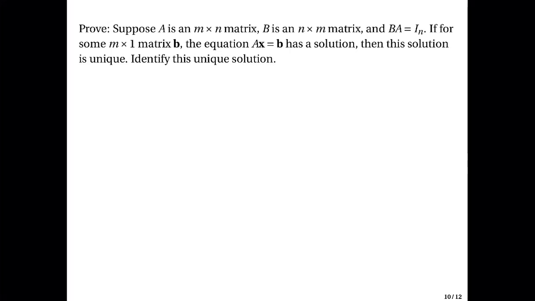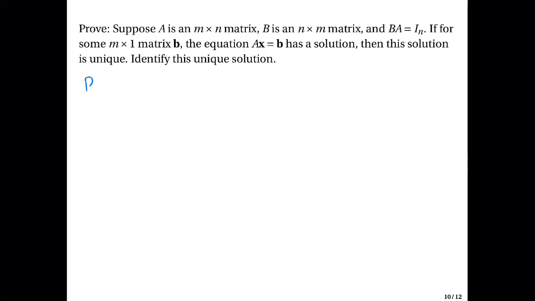So we are assuming that this has a solution. We want to prove that the solution is unique. And then once we prove that it is unique, we identify what the unique solution is. Now, look at this.